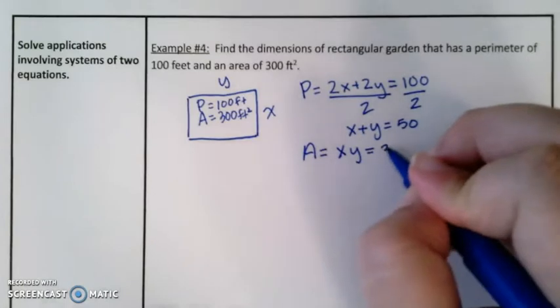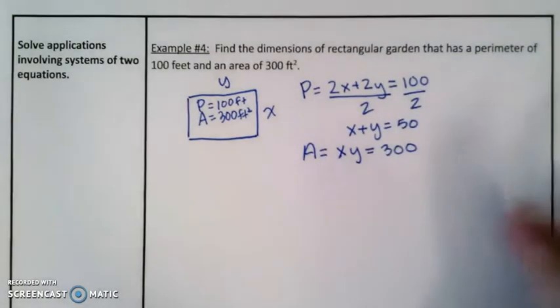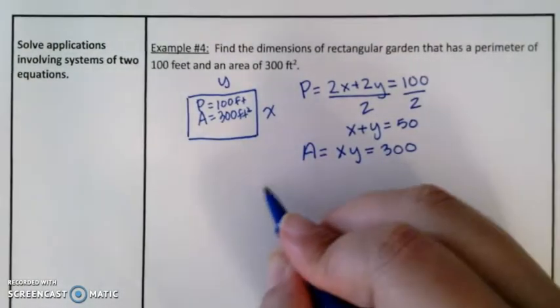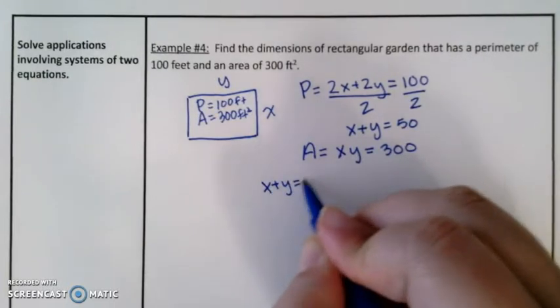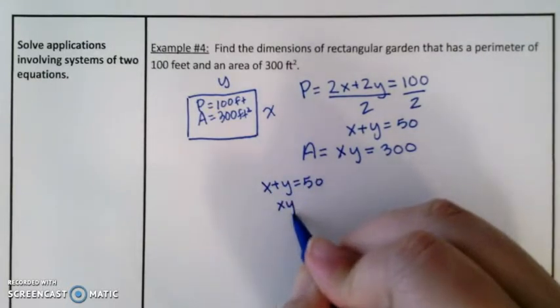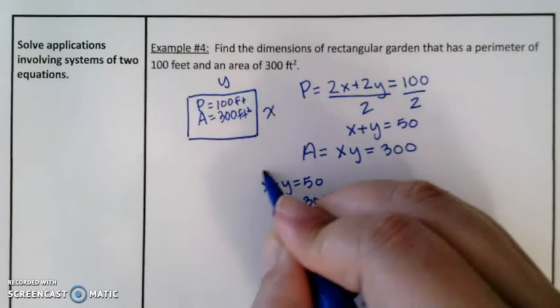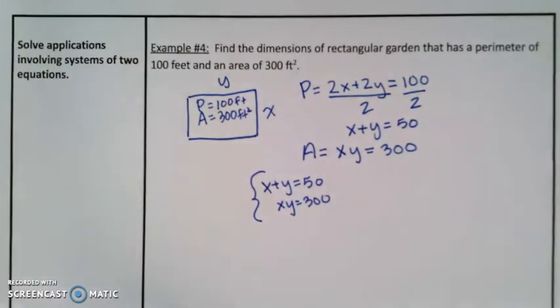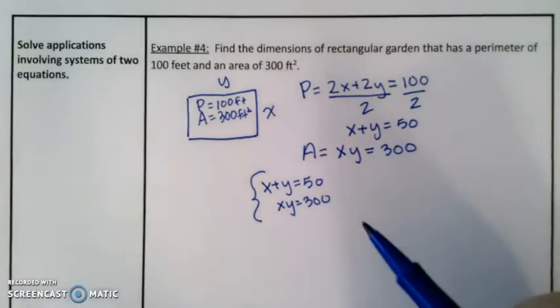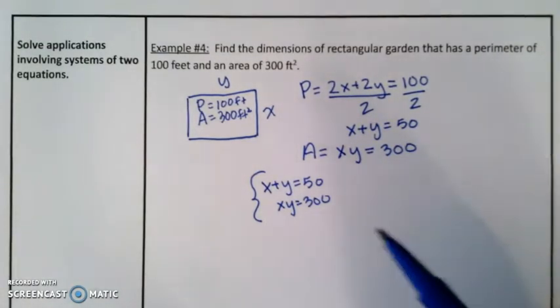And we know that that is 300. So now I have a system of equations. I have x plus y equals 50 and xy equals 300. And I put the little curly bracket to tell me that it is a system of equations, that I want both of these to be true, okay?